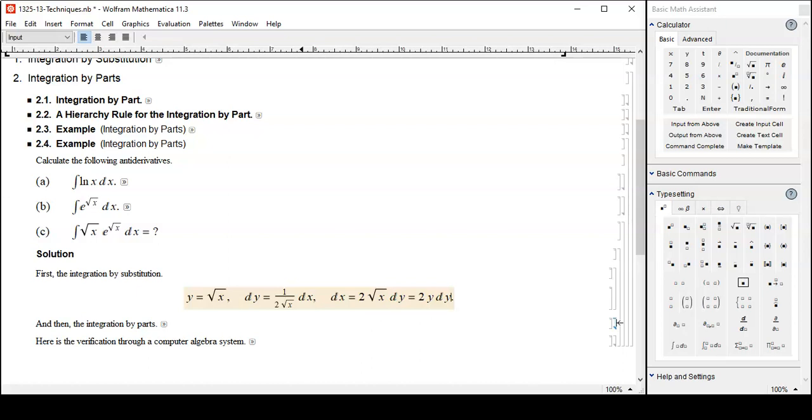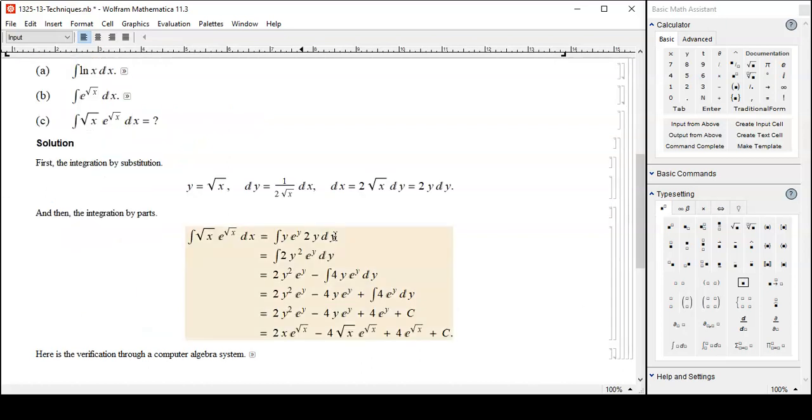And then apply, put everything in, simplify, and integration by parts. Okay, I skipped what is u and what is v prime. u is 2y squared and v prime is exponential, and u prime is 4y here.